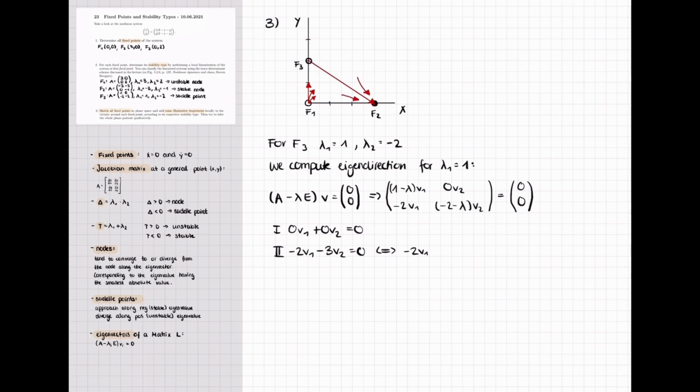We get this linear system where we can deduce that multiples of (-3/2, 1) are eigenvectors. We want to have numbers that are easy to work with, so let's choose (3, -2) as eigenvector.